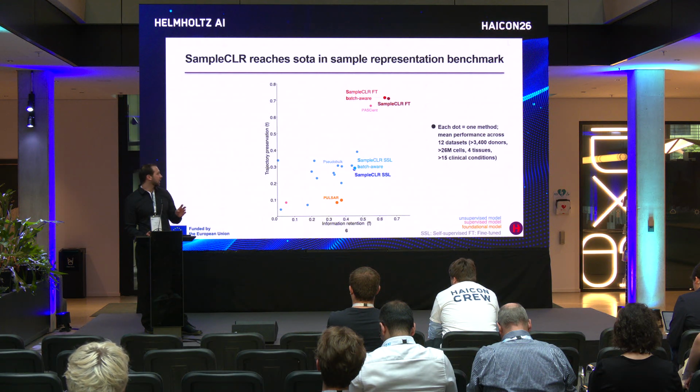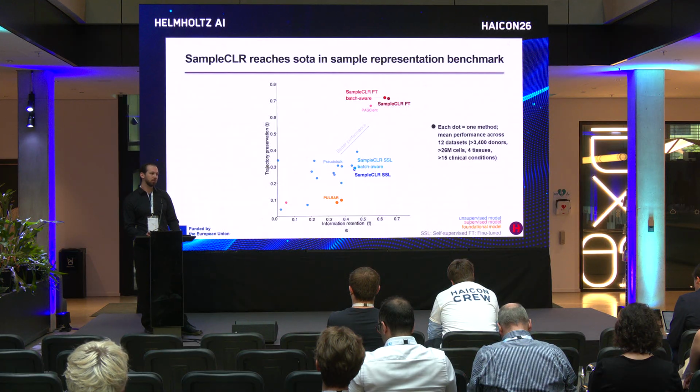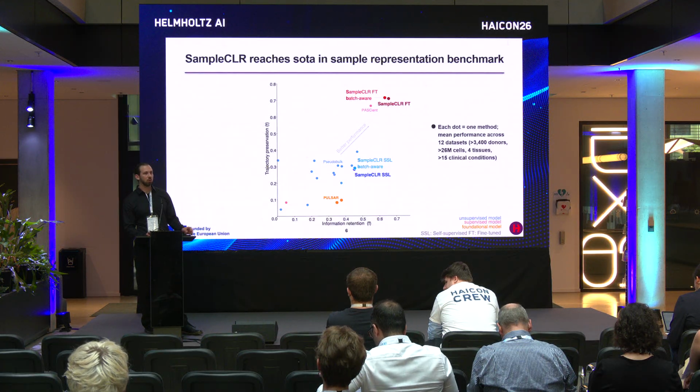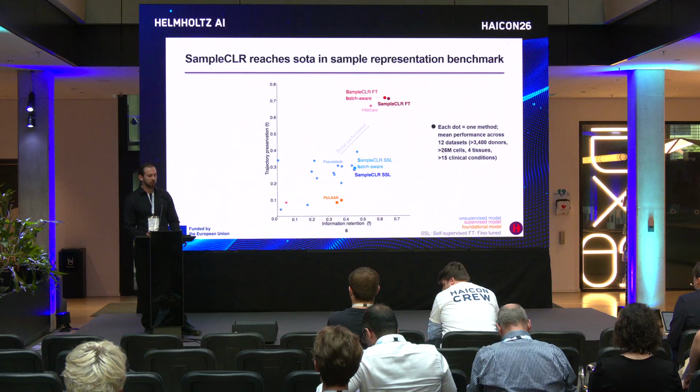You can see that we have a sort of clustering in this scatter plot, where on the top right, the best performing models are supervised models, and here our methods beat the current state of the art. In the other clustering, we have mostly unsupervised and first foundation model methods, and also here we reach state of the art in the information retention and are as good as the best in the trajectory preservation.